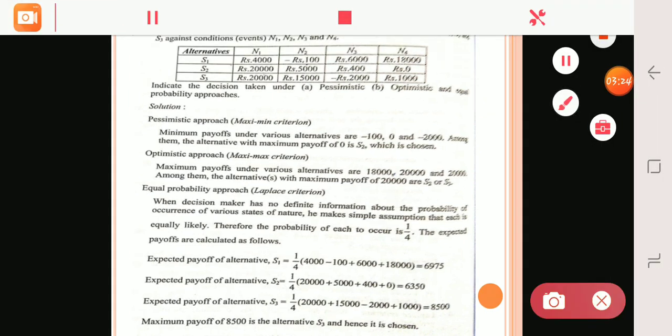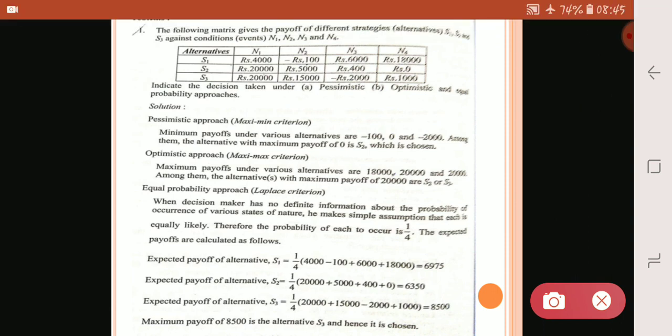Now moving on to the optimistic approach. In the case of the optimistic approach, the maxi-max criterion has to be followed. From all these 3 alternatives we select the maximum value, and from those maximum values again we select the maximum. From S1 the maximum value is 18,000, from S2 the maximum value is 20,000, and for S3 the maximum value is again 20,000.